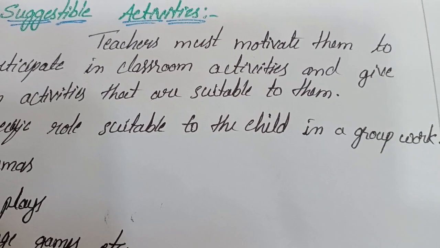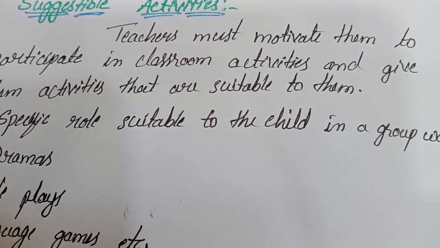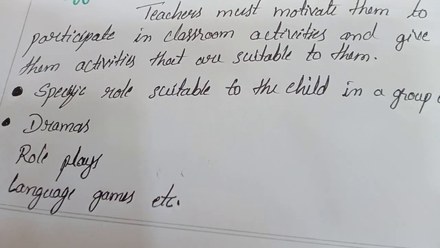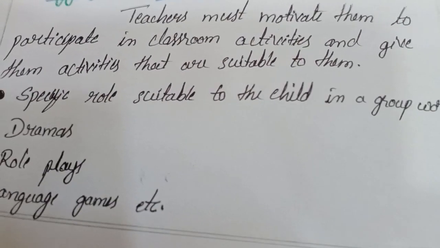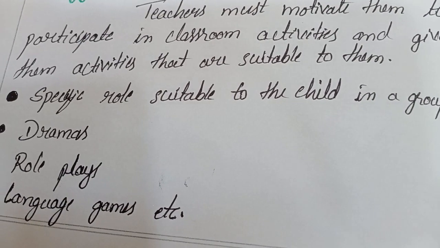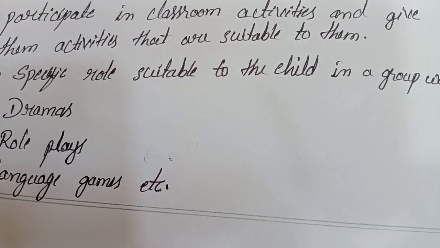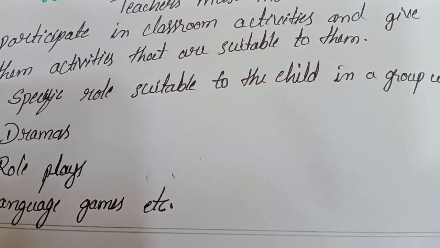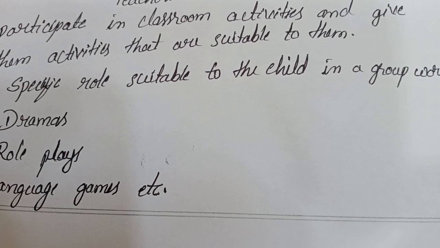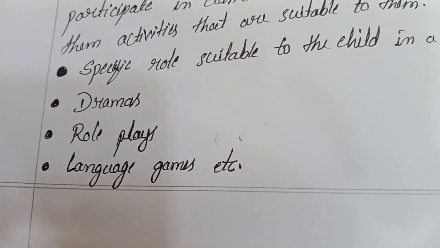The teacher has to create some small activities which are suitable for the passive student. Give specific roles suitable to the child in group work. They have to give a specific role which encourages the student, because if they are always sitting like a dull student, they will become a dull student in the classroom and will not be able to achieve their goal.